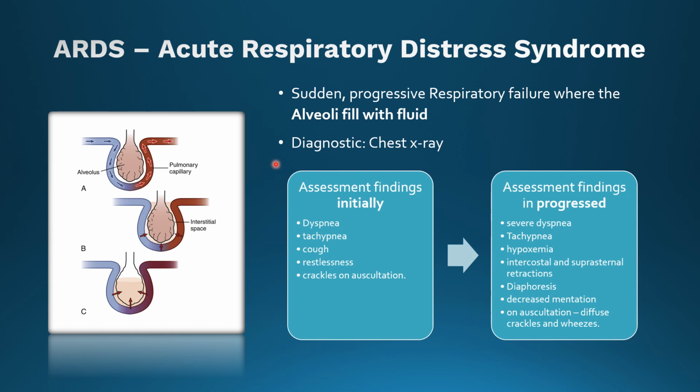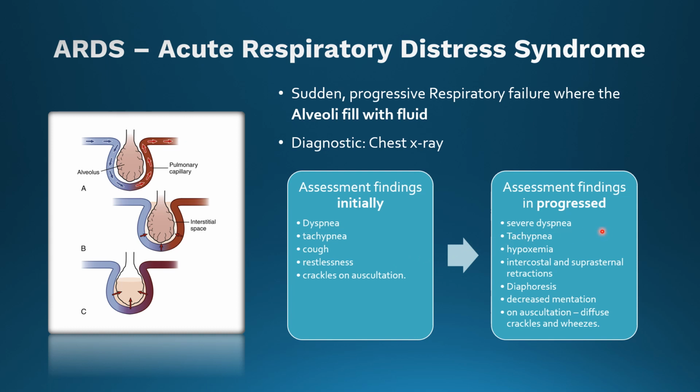So patients with acute respiratory distress syndrome initially appear to have dyspnea, tachypnea, cough. They tend to be a little bit restless, and they have crackles on auscultation. But then they very quickly progress into these more advanced assessment findings.